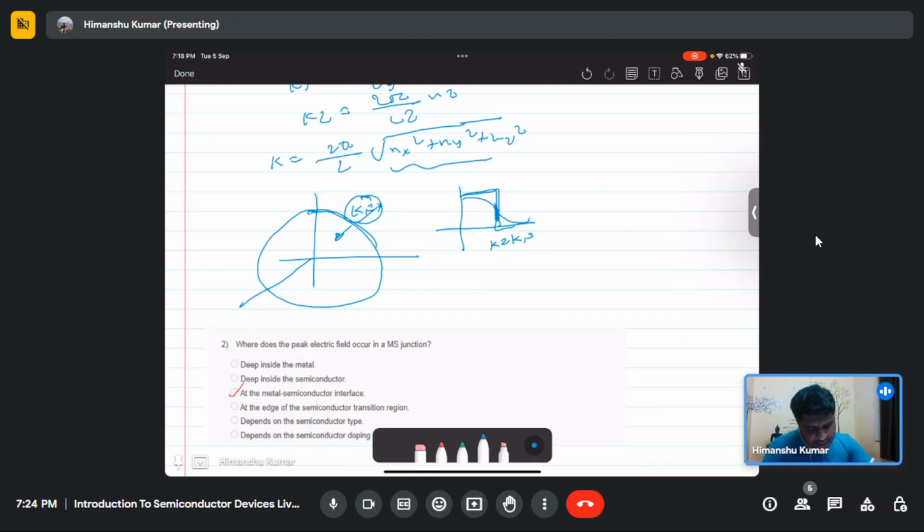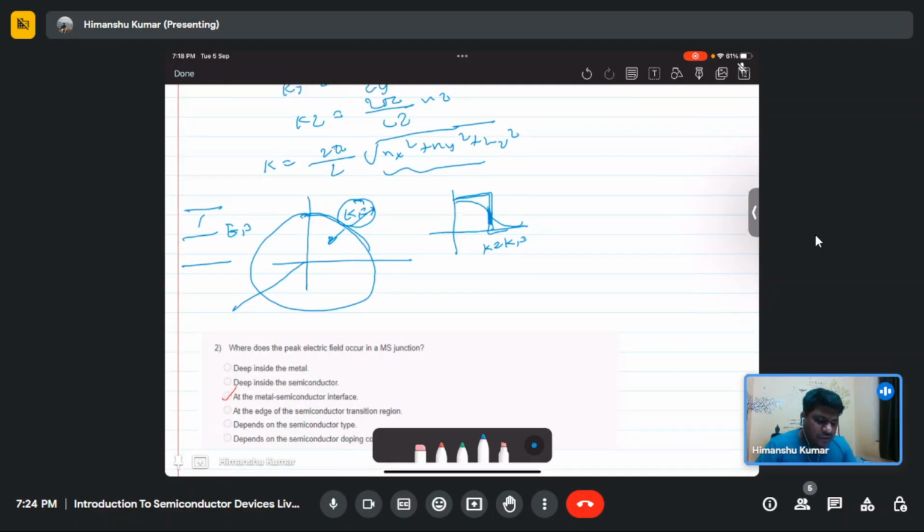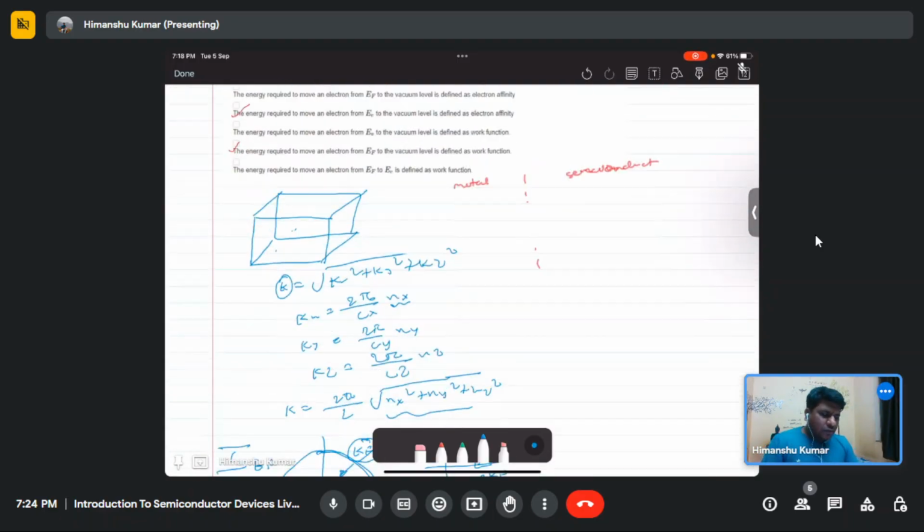But in the case of semiconductors, EF lies in the forbidden band, so there are no states possible and no density of states available to fill. In the metal case it's the opposite.